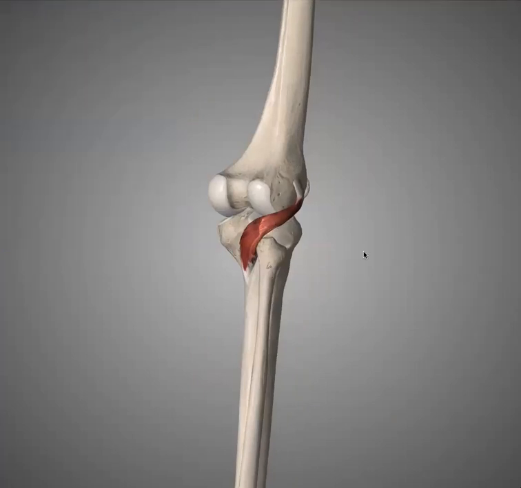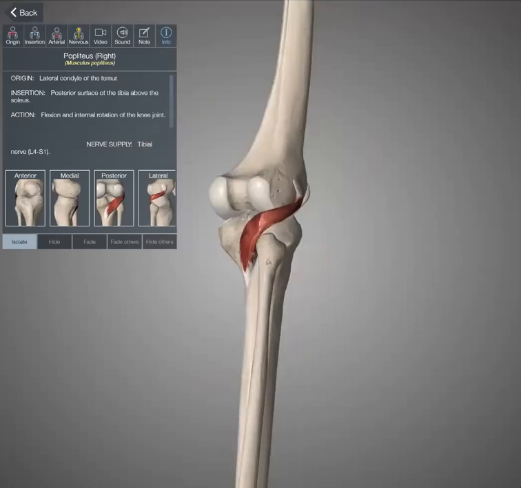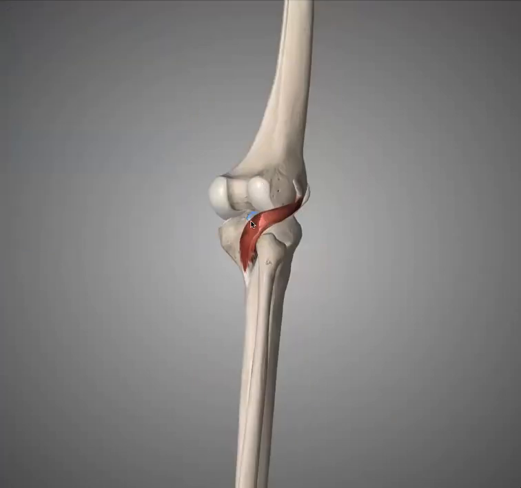This is the lateral condyle of the femur, and it originates from there. And also the lateral meniscus of the knee joint. Right here, this is the lateral meniscus, and it originates from this point.